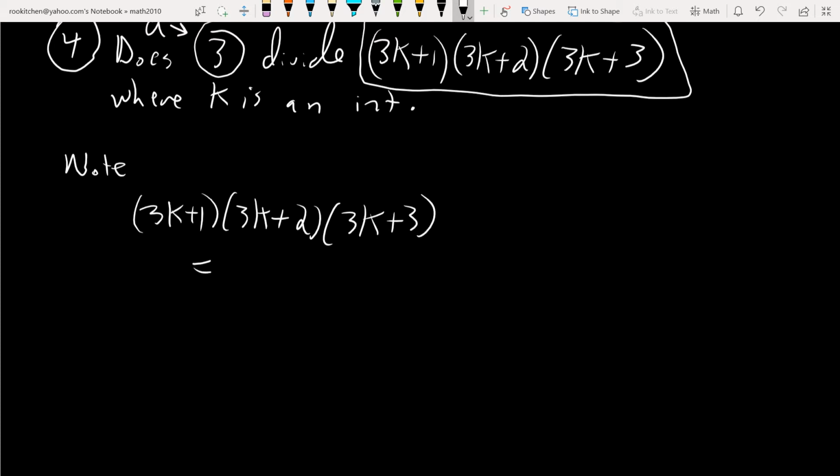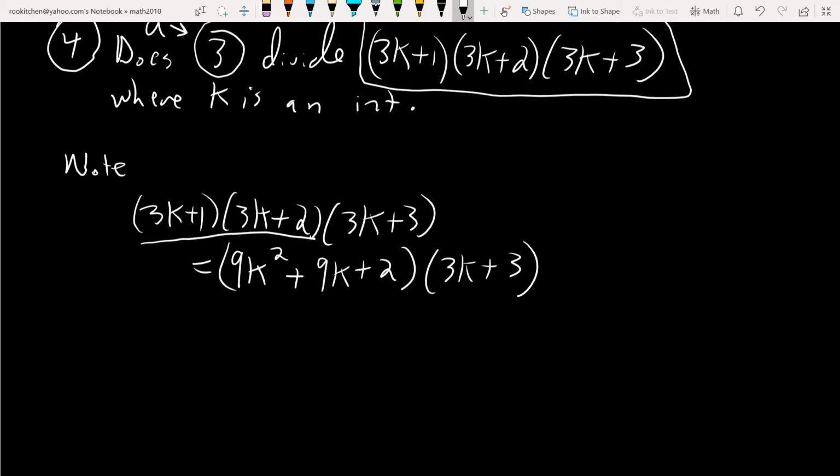First, outer, inner, last: 9k squared plus 3k plus 6k is 9k, and then plus 2. And this is all times 3k plus 3. I have to FOIL that out, or distribute.